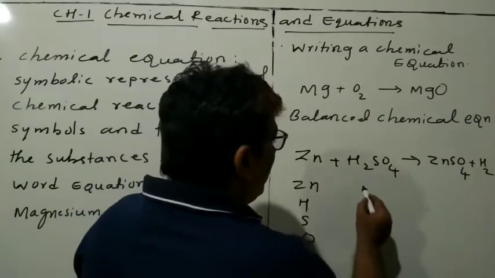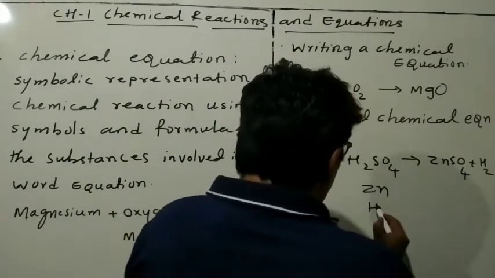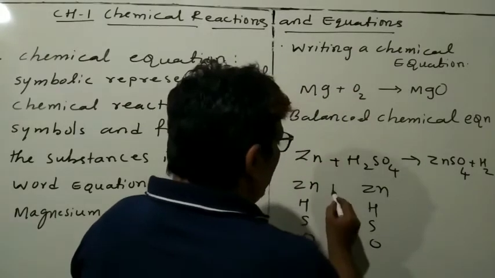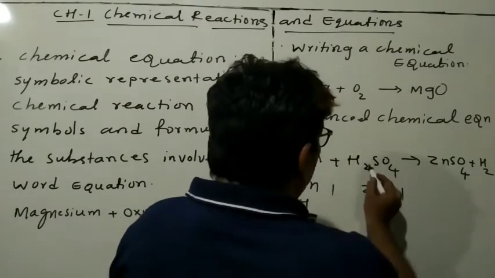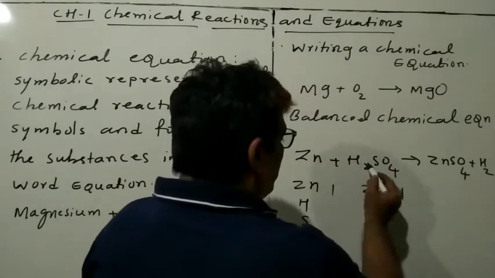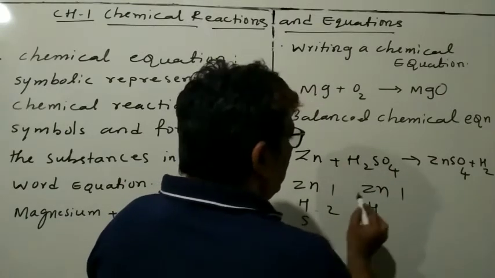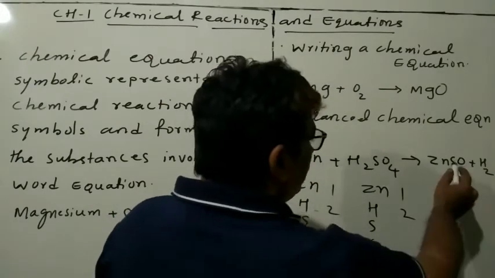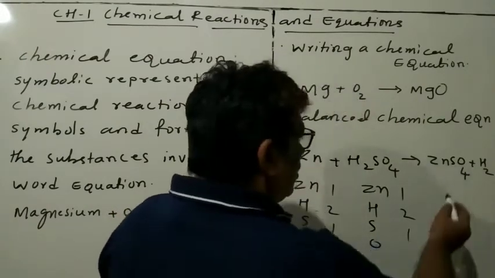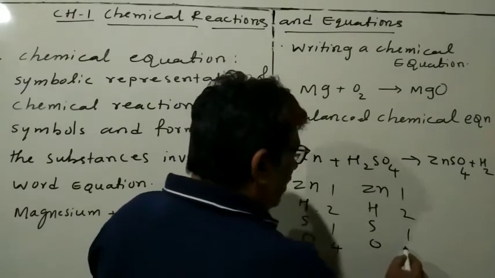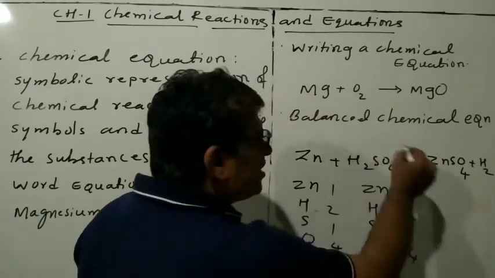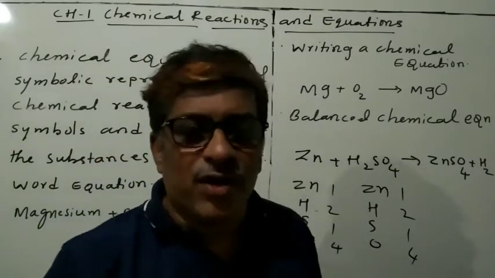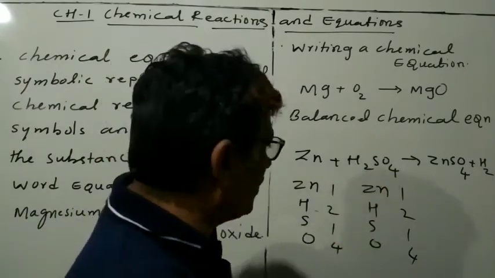The same elements will be on the other side also. Now you see here Zn 1 and here also 1, hydrogen is 2 and here hydrogen is 2, sulfur is 1 and here also sulfur is 1, oxygen will be 4 and here also oxygen will be 4. So this is the balanced chemical equation. It is already balanced, so here there is no need of balancing.